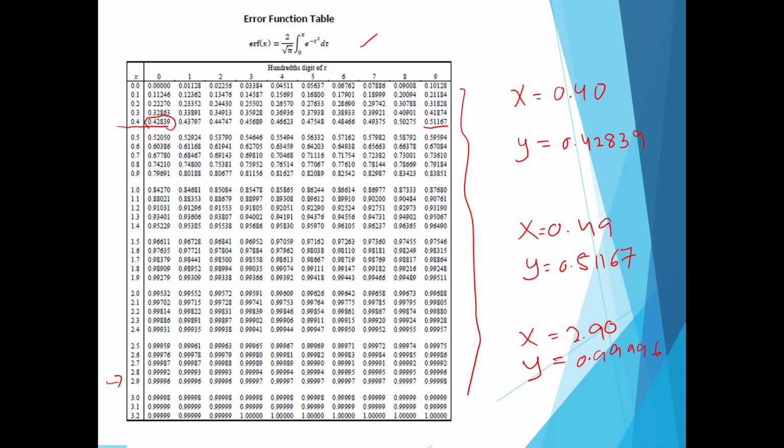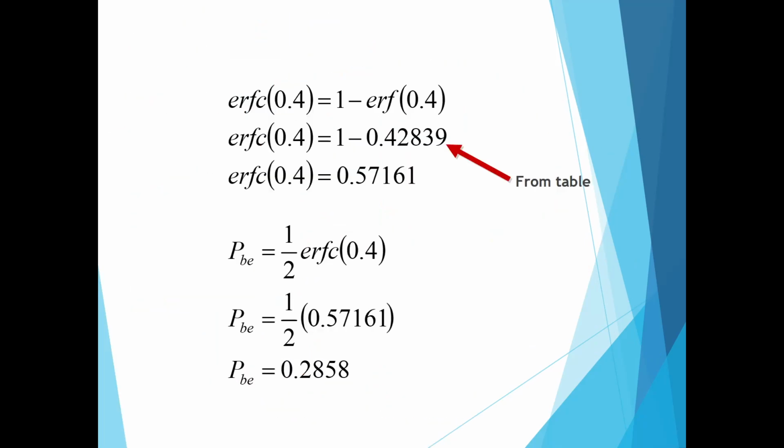So you have two options. In this example, the first method uses the error function table. We need to find ERF 0.4 from the first table, the error function table. We get this, then we subtract it from 1, so we get this.